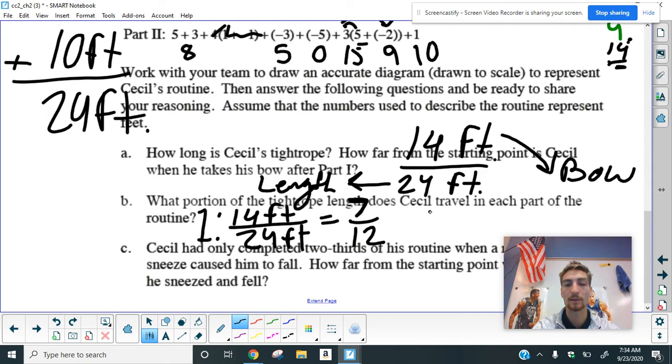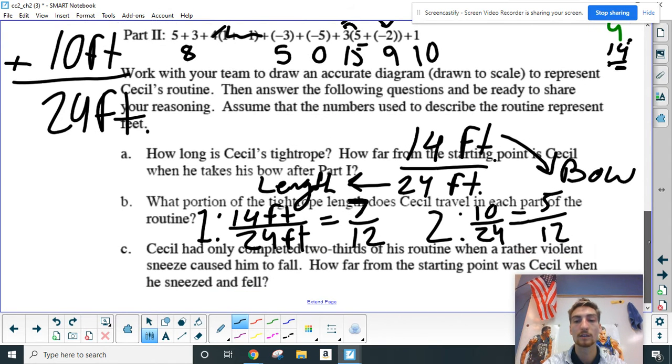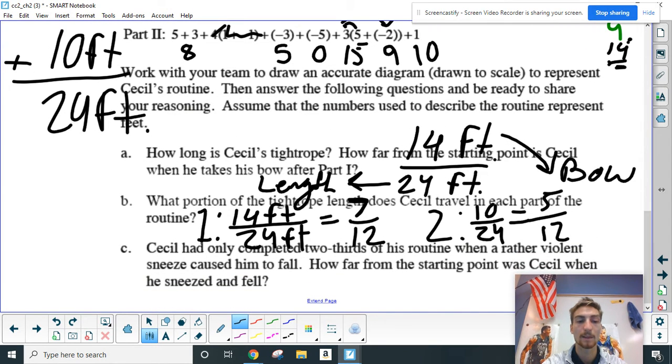And then if we look at part 2, well, he travels 10 feet, so that's 10 over 24. And if we simplify that, we're going to have 5 over 12, right? If you divide each by 2. And you'll see if we add them together, 7/12 plus 5/12, we're going to get 12/12 or 1, right? 24 out of 24.